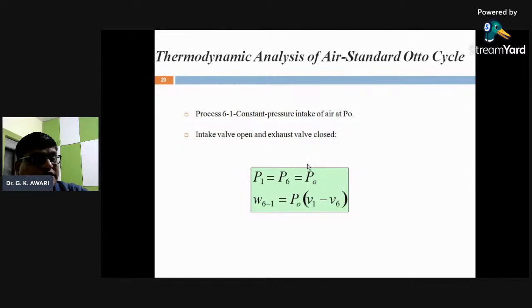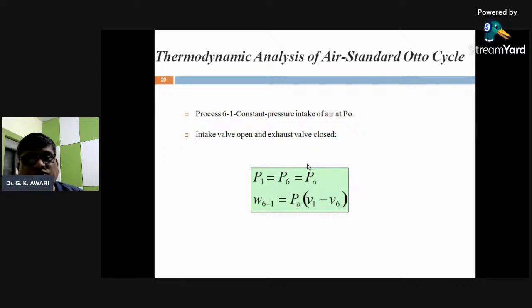Then the thermodynamic analysis of the air standard cycle: process 6-1 is a constant pressure intake of air at P0, the intake valve opens and the exhaust valve is closed.